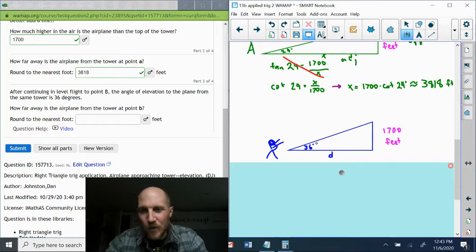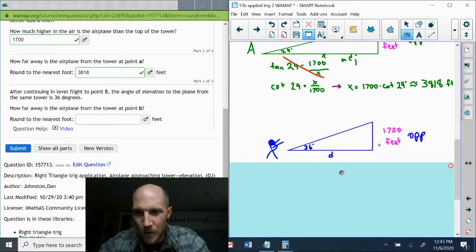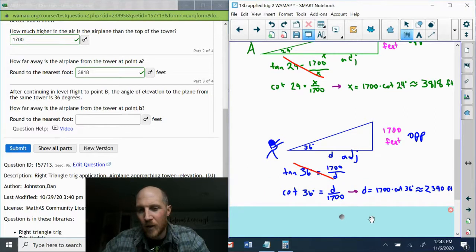So 36 degrees, and from the perspective of my stick person there with the head filled in, there's the opposite side. I can use a different letter for the adjacent side so they're not both x. I called it d this time for distance. And I had two choices. I can either set up tangent or cotangent. Again, I'm going to go with cotangent because I would rather have the variable in the numerator.